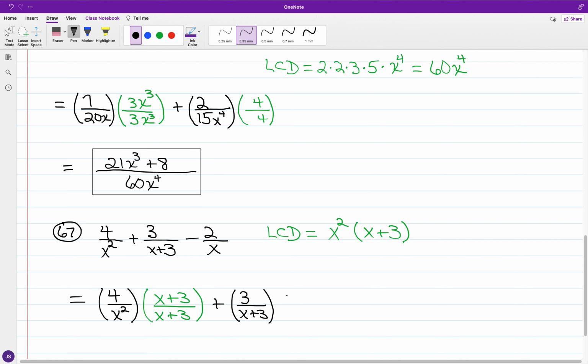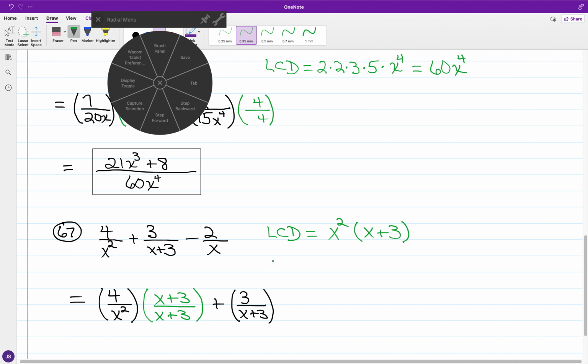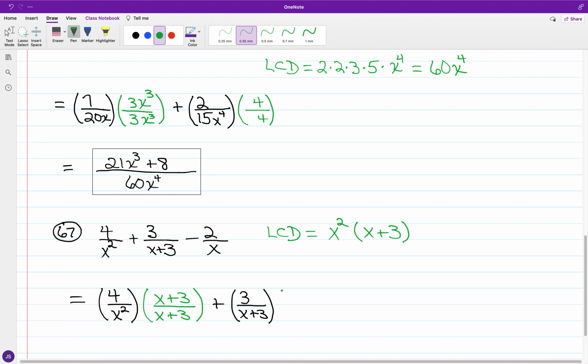Looking at x plus 3 relative to the least common denominator, we have the x plus 3, but we need the x squared portion. Now the last ratio is going to require an added layer of concentration.